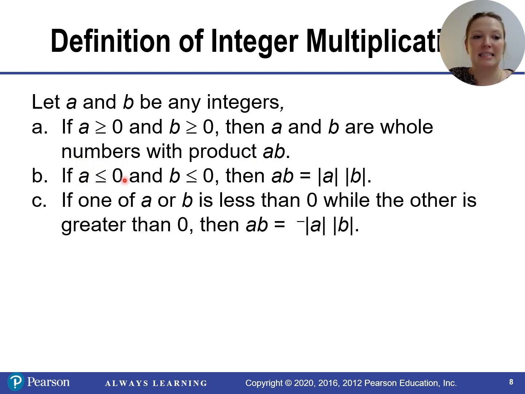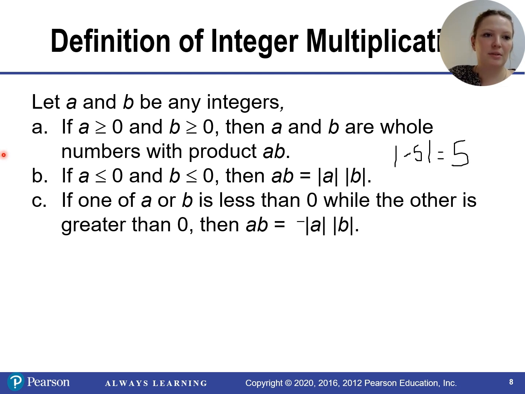If A is less than or equal to 0 and B is less than or equal to 0, then when we multiply AB, we're going to just have the absolute value of A times the absolute value of B. And remember, absolute value tells us the distance from 0. So the absolute value of negative 5 is just 5 because the distance from 0 is 5 to the left.